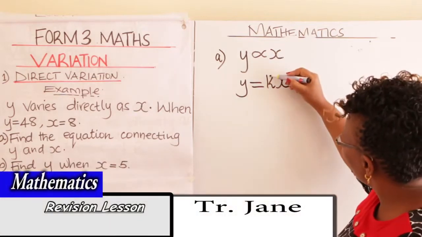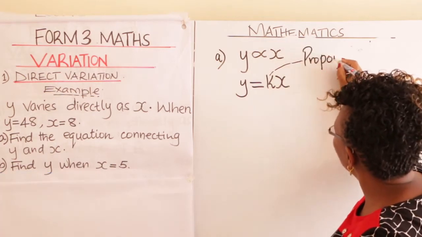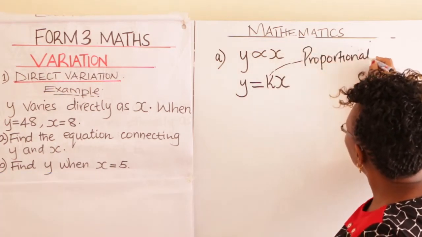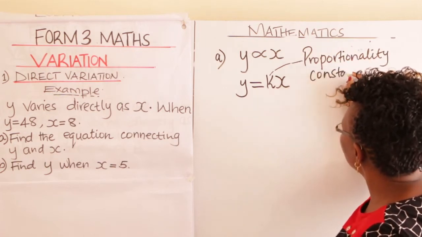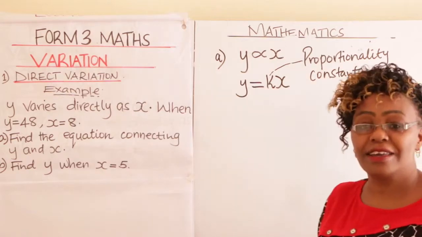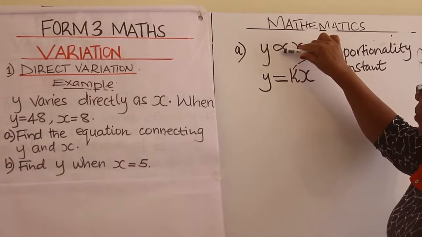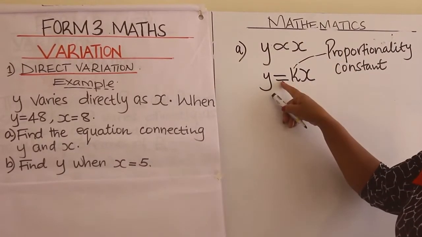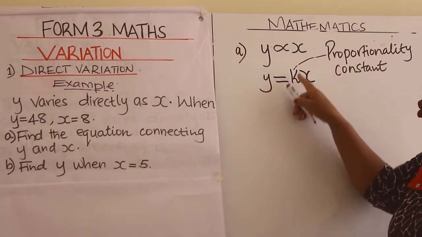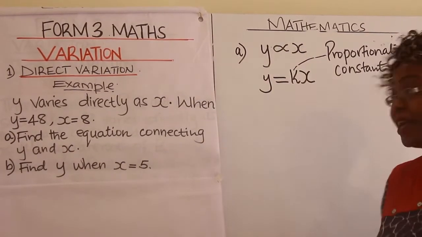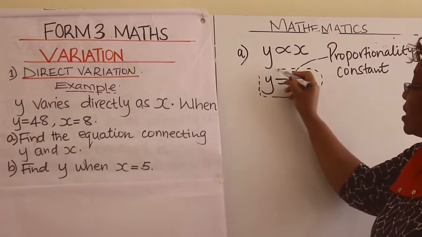This letter here is called a proportionality constant, k. So I repeat, learner: the first step is to write the proportionality sign, the second step is to replace it with equal to, and once you replace it with equal to, you multiply the other side by k.